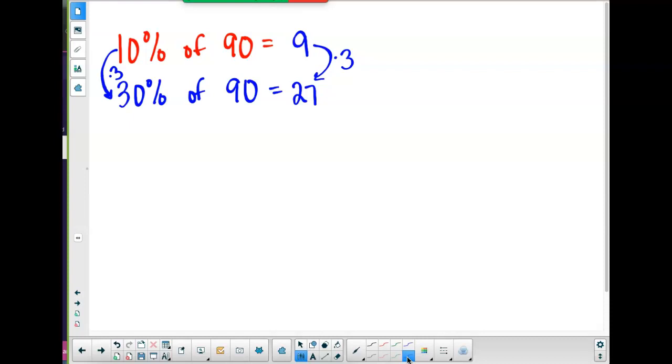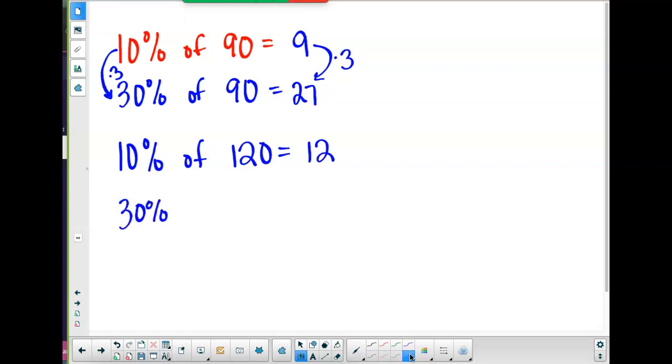Let's try another one. Tell me what is 10% of 120? Ariana: 12. If 10% is 12, what's 30%?